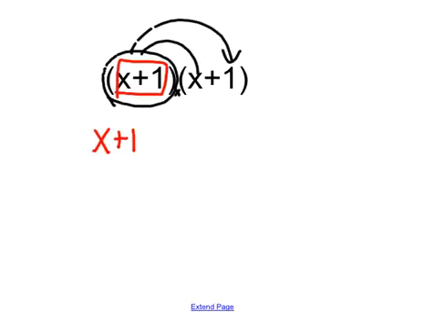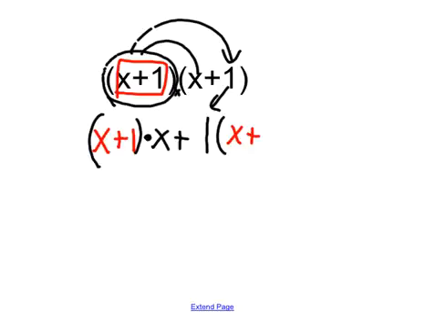So I'm multiplying this x plus 1 times this x. And I'll put this in brackets. I'm also multiplying that same x plus 1 times this 1. And again, I'm going to put my x plus 1 in red.